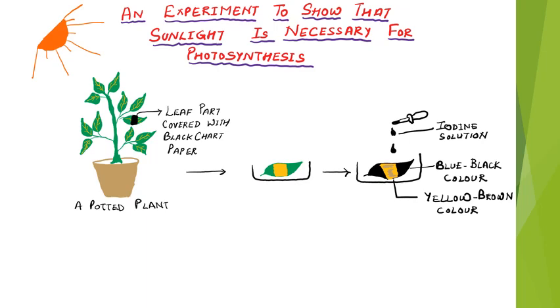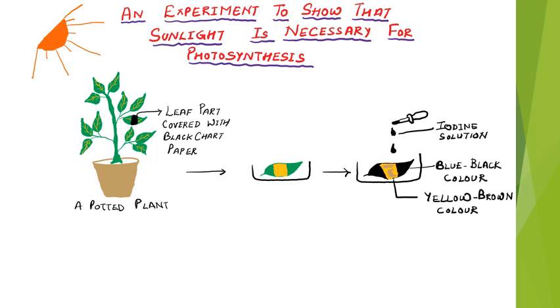Why? Because that black part was not having sunlight and therefore it was unable to synthesize glucose, while the other part was free, it was exposed to sunlight and it was performing photosynthesis and therefore synthesizing glucose and starch.